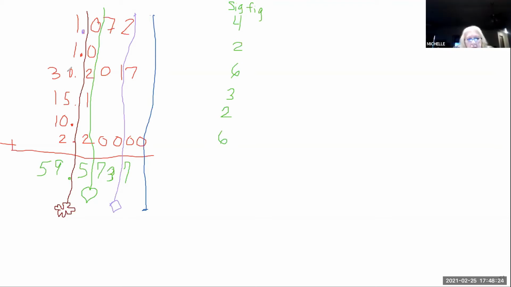Okay. Now what about 1.0? Both of those numbers are significant, so we draw the line right after it because we don't know anything about the number after. And for 30.2017, it would be after the 7, because after the 7 we don't know what that number is.